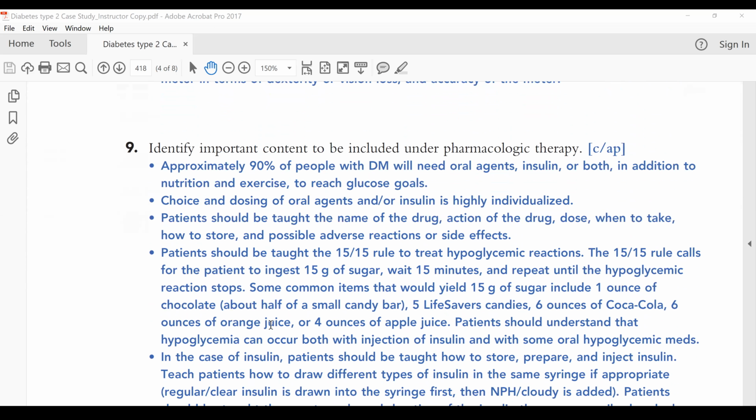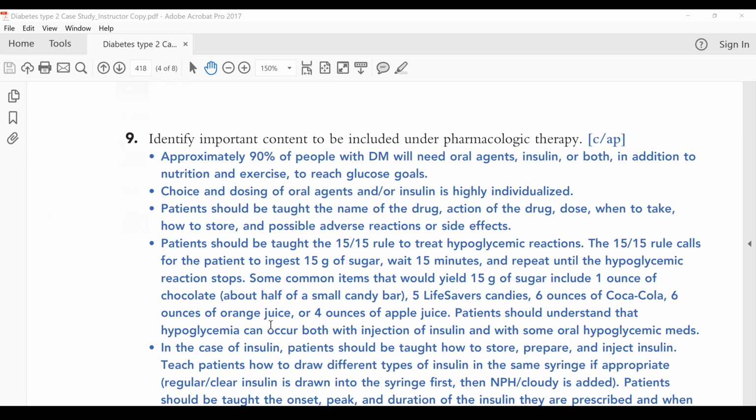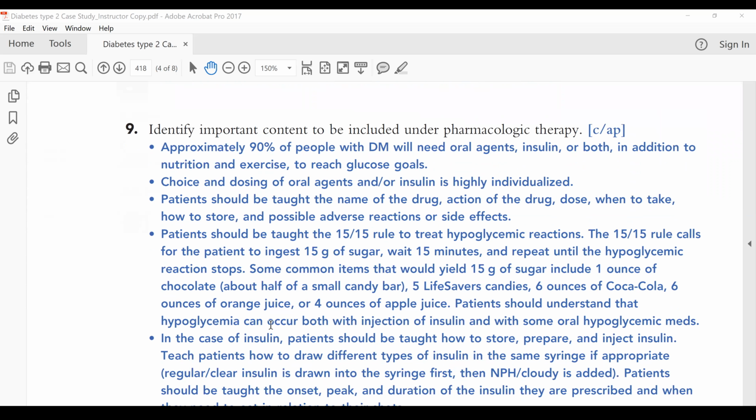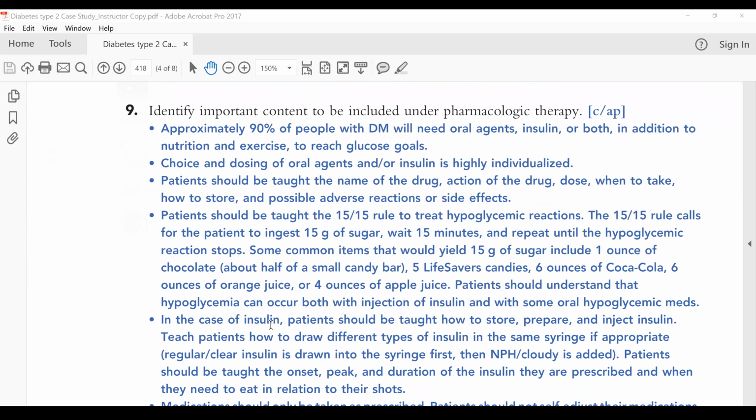In the case of insulin, they need to be taught how to store, prepare, and inject the insulin, including how to draw different types of insulin in the same syringe if appropriate. Clear insulin is drawn into the syringe first, then cloudy. Remember we talked about that in lecture. Patients should be taught the onset, the peak, the duration, and when they need to eat in relation to their shots.